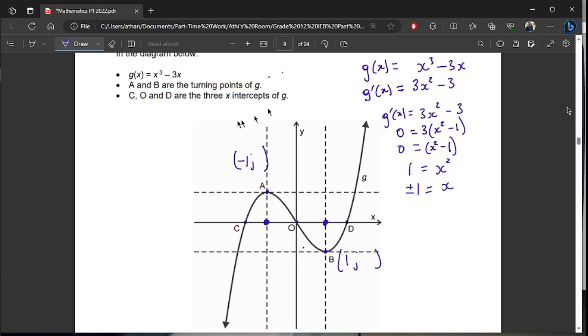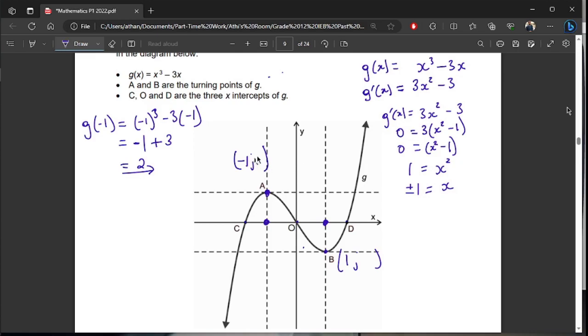Now to find the value of y, I'll say g of x at -1 is equal to (-1) cubed minus 3 times -1. Now I'm taking it back to the original function because I'm looking for that y value there. So this gives us -1, and then negative 3 times negative 1 will be positive 3, which is equal to 2.